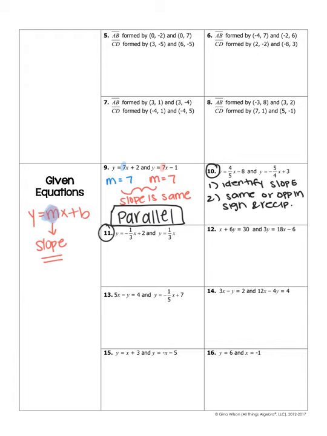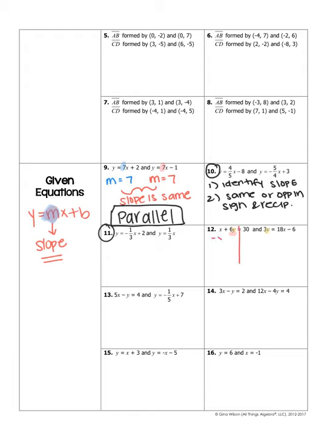For number 12, it says x plus 6y equals 30 and 3y equals 18x minus 6. So notice neither of these are solved for y equals, right? There's a bunch going on there. This first one's in standard form. So I'm going to solve to get this y all by itself.